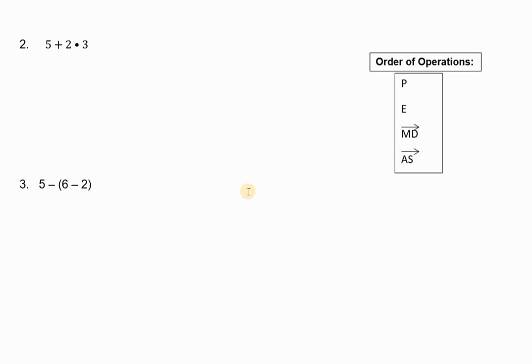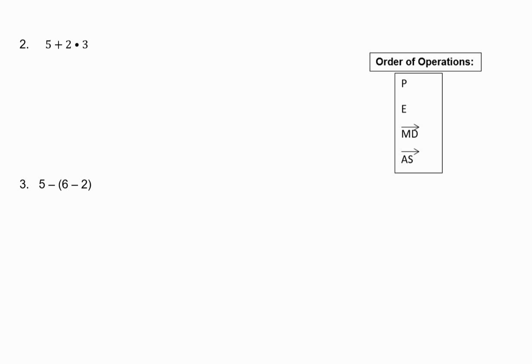Okay, now we're going to look at order of operations. So if you will look over here on the right of the screen, you can see we have our order of operations, PEMDAS. You probably remember learning this as please excuse my dear Aunt Sally.